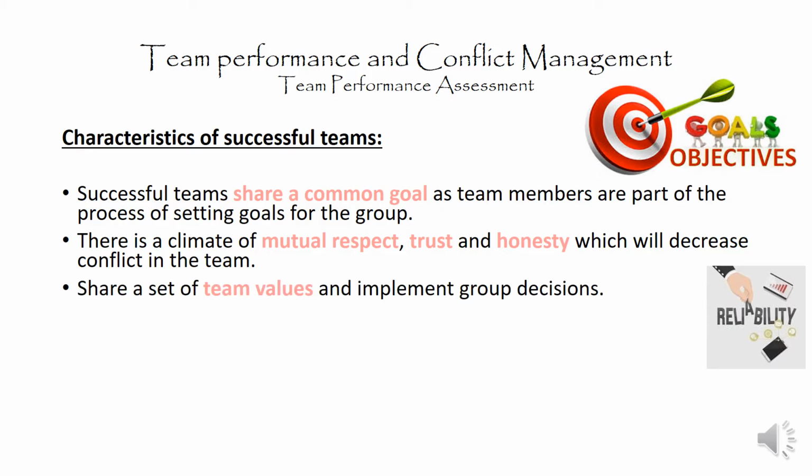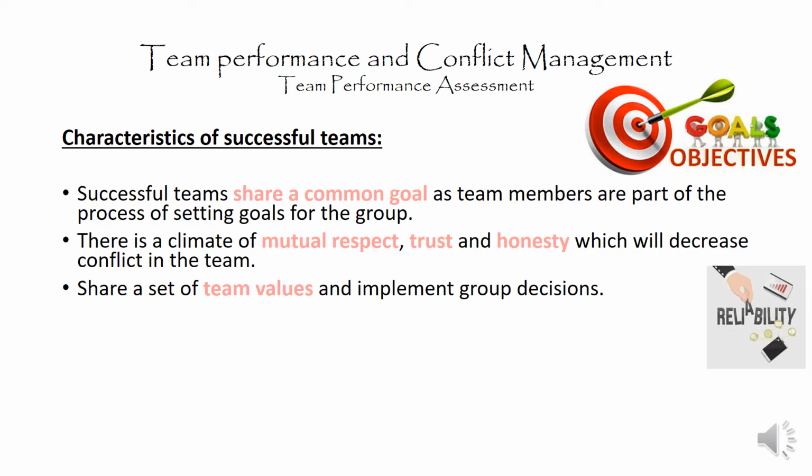Very important to share a set of team values and implement group decisions. So when the group is formed, obviously we need to have a little discussion as to what is allowed and what is not allowed in this group. For example, team values could include giving people an opportunity to finish their sentences and not interrupting people while they are talking.